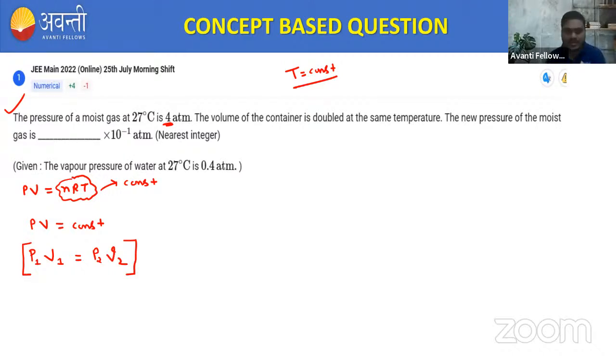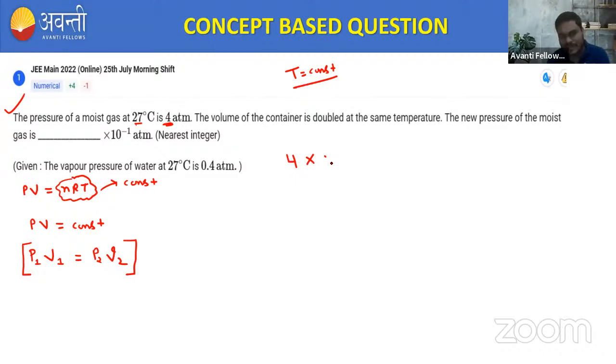Because you already know the value. Like which value do you know? Because you already know this thing, pressure of the gas, right? So the pressure of the gas at 27 degrees Celsius is 4 atm. The new pressure of the moist gas you need to calculate, right? So we have P1. So P1 is already given, that is 4 atm. Now what about V1? The volume of the container is double at the same temperature.